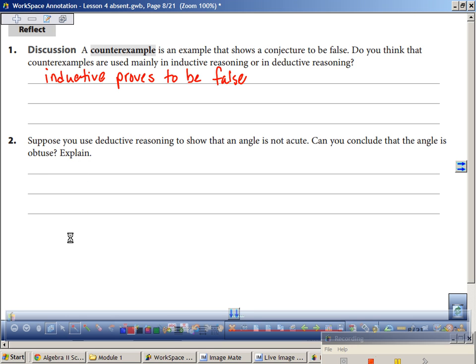So if it's not acute, is it automatically obtuse? Why? Could be right. Or it could also be a straight angle. What's the degree of a straight angle?